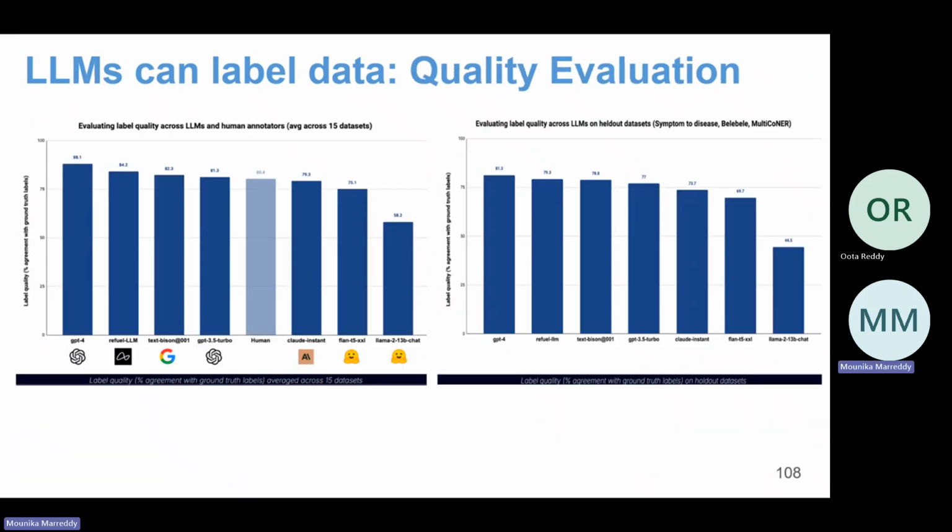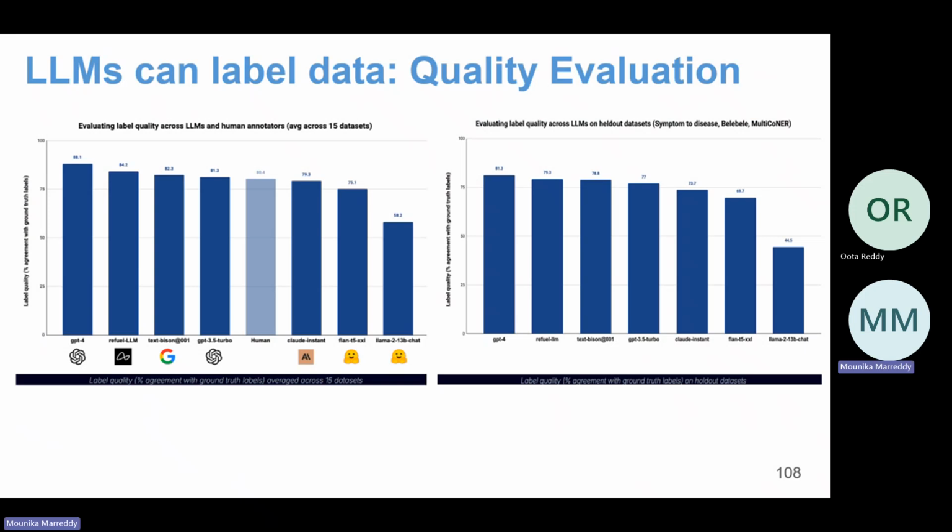Now, how do the LLMs perform on the train versus test set, on the held out test set? The held out datasets weren't used for instruction tuning Refuel LLM, but we don't know whether these datasets are included in the closed source models, because we don't know the details of how these closed source models are trained.